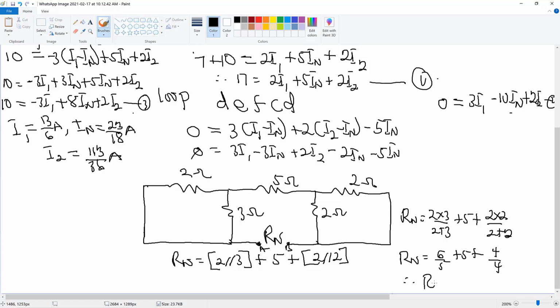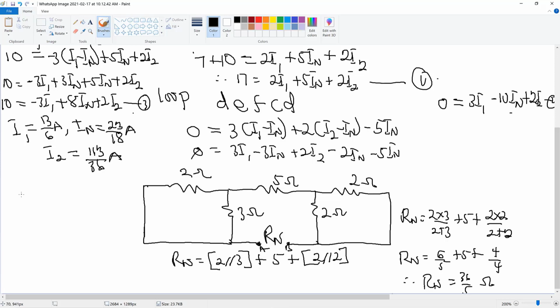Therefore, our Rn is equal to 36 over 5 ohms. Now that we are done finding the Norton's current and then the Norton's resistor, all we are supposed to do now is to draw the Norton's equivalent circuit, and then we can easily find the current that goes through the 2 ohm resistor. How do we do that?